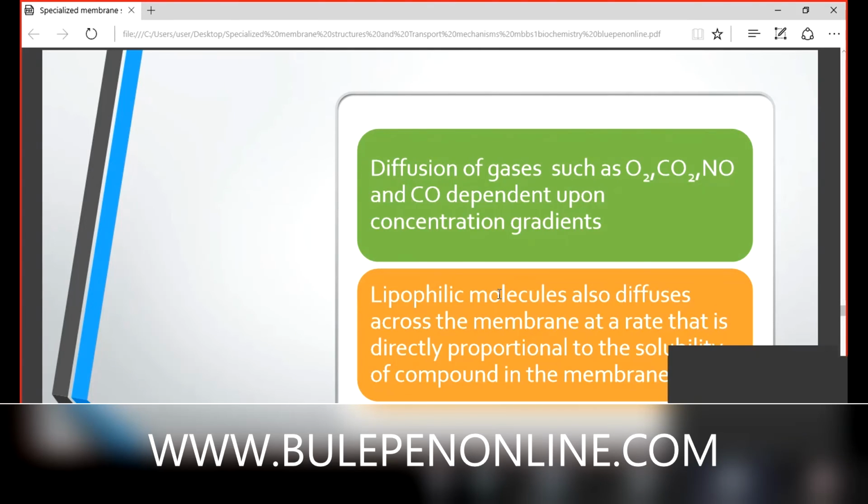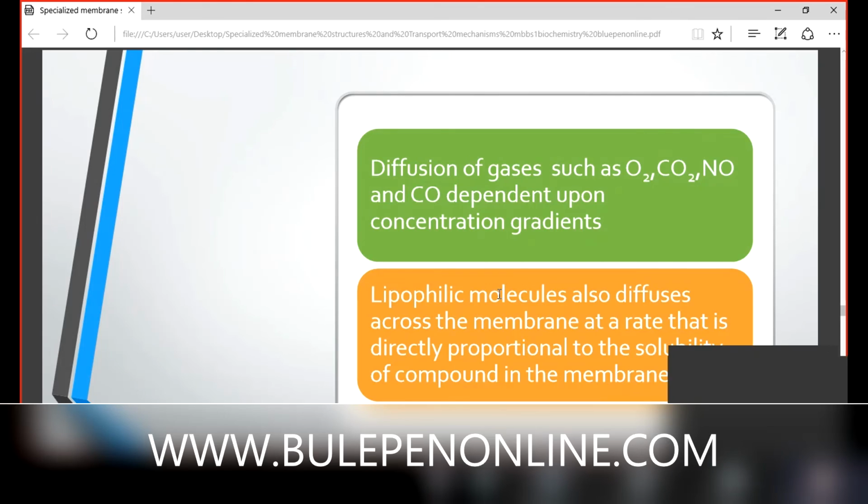So they require some mediated protein, carrier-mediated transport. Then what is the role of molecular size? Is it dependent on molecular size? No, it is not dependent on molecular size.